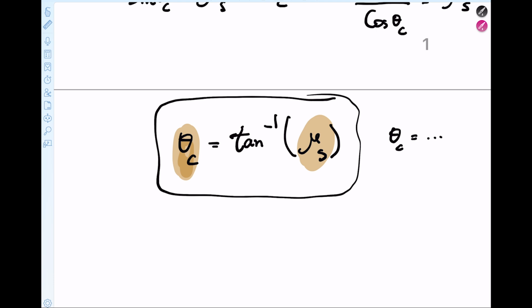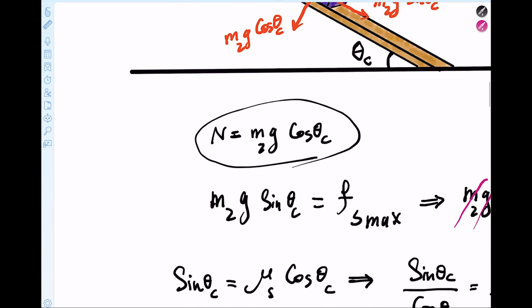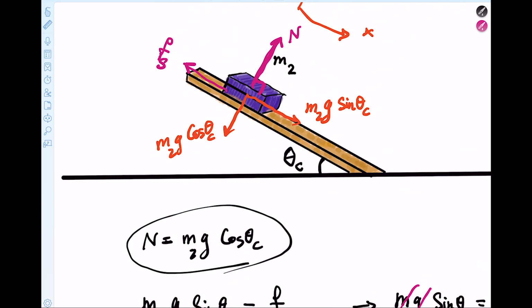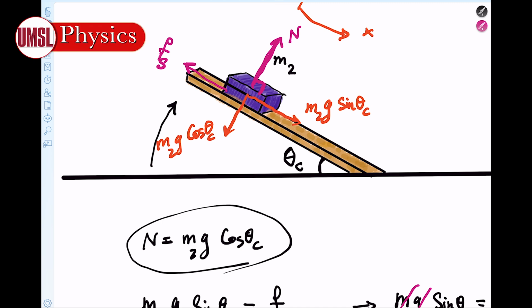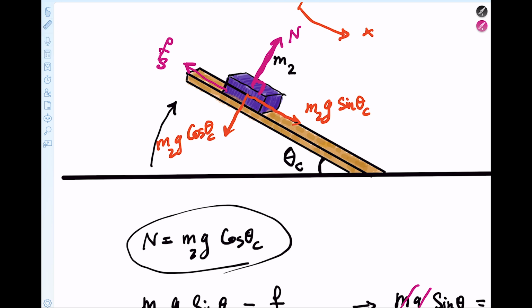And then you want to do this in the lab as well. You have to increase the angle until you see that it's sliding down, and you would stop there. So you can measure the critical angle in the lab by lifting one side of the wooden track up until you see that the block slides down.